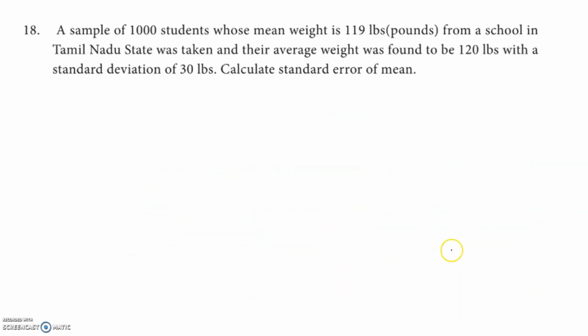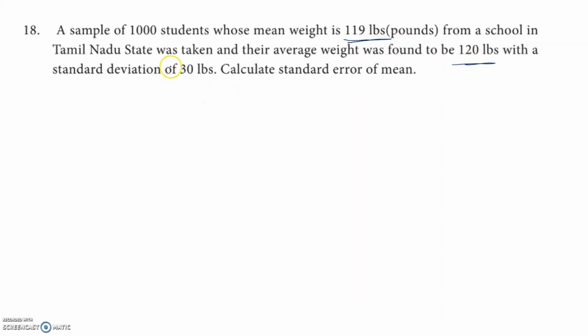These are quite simple problems. You just have to understand the question. A sample of 1000 students from a school in Tamil Nadu state was taken, and their average weight was found to be 120 pounds. The population mean is 119 pounds, and the sample average is 120 pounds.